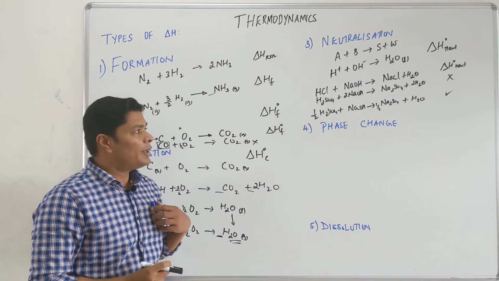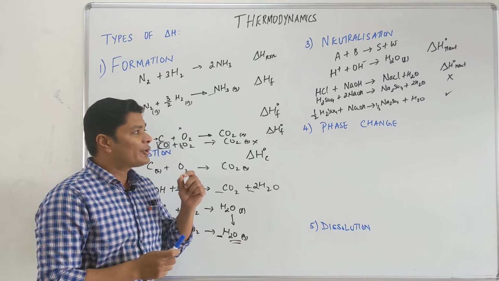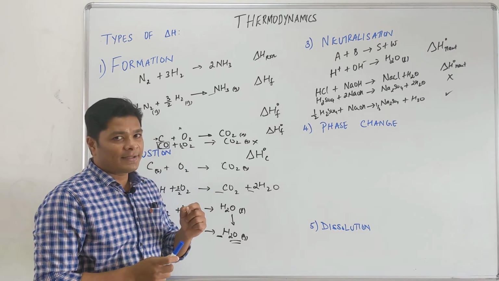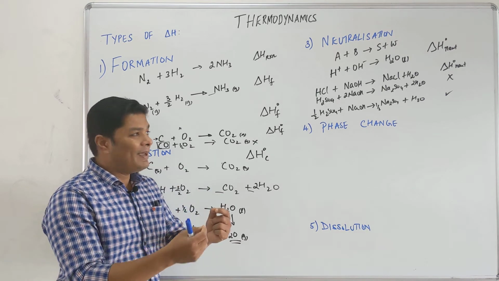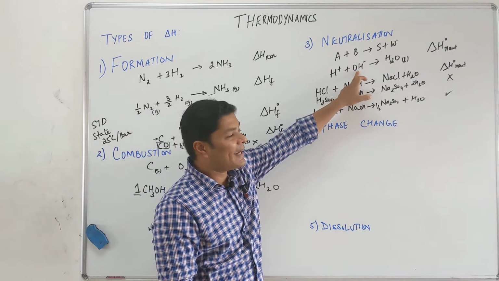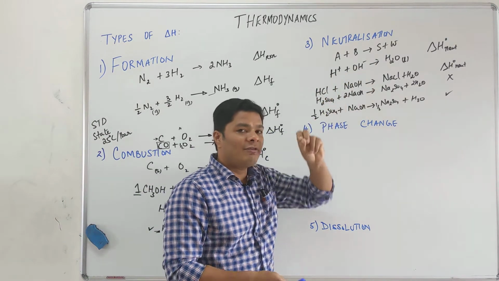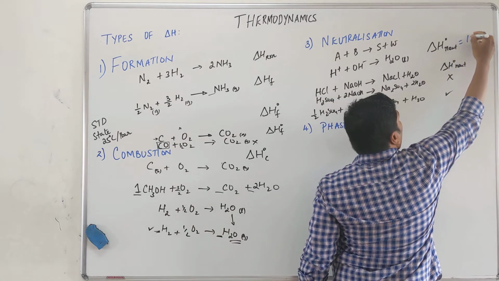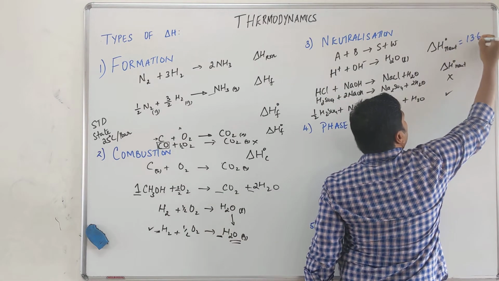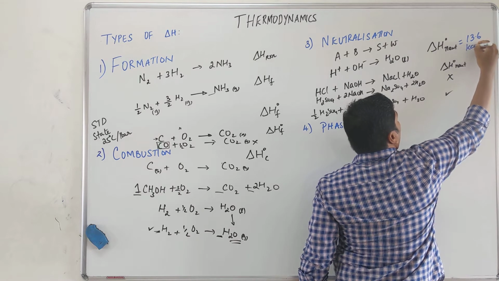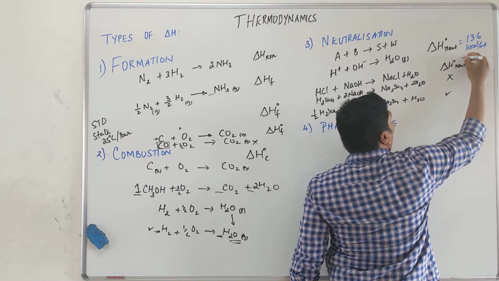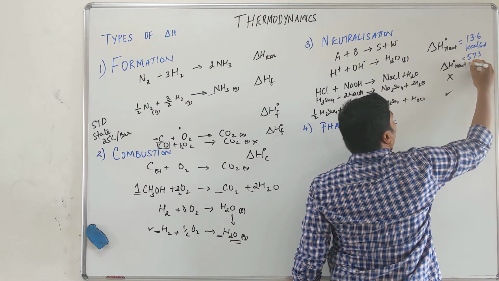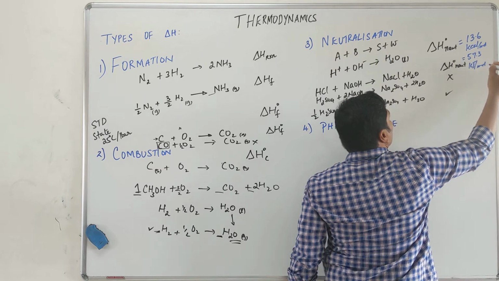And it so happens that when a strong acid and a strong base react, the amount of energy change is basically from the H plus and OH minus reacting, and you need to remember the value for that. This comes down to 13.6 kilocalories per mole or 57.3 kilojoules per mole.